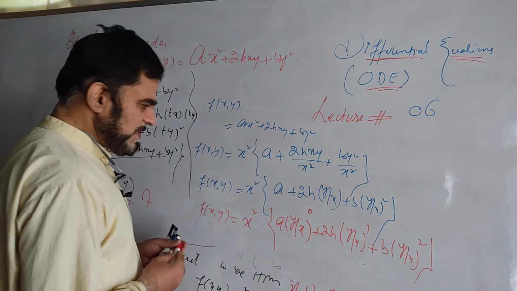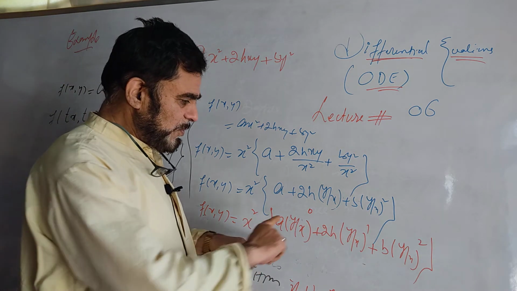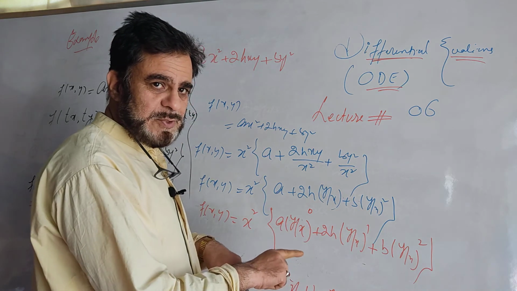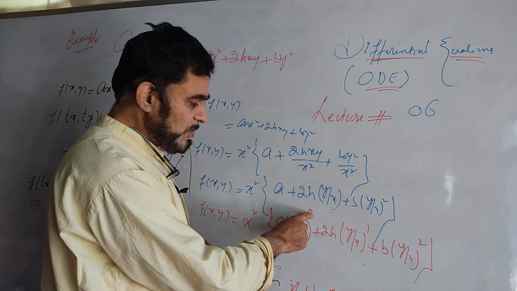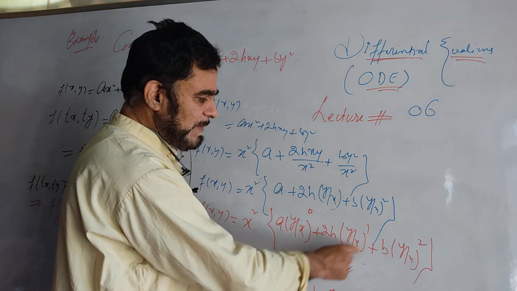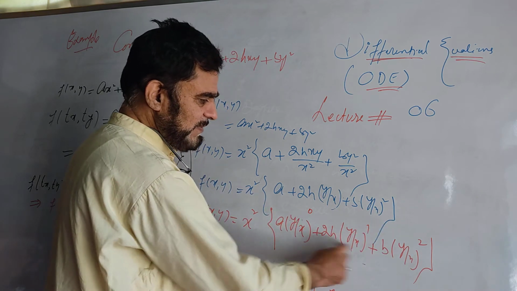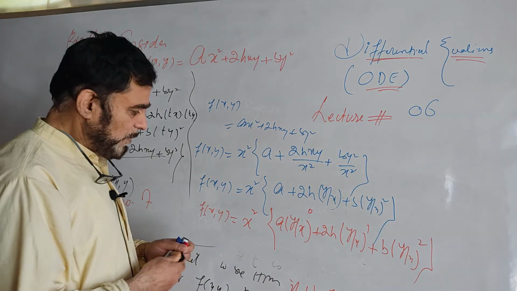So what is this by definition? It is also homogeneous. Note that no term should contain x or y on its own; each term should contain powers of y by x only. Here you have y by x to the power 0, here to the power 1, here to the power 2, with no x or y alone, but outside we have the power x square.